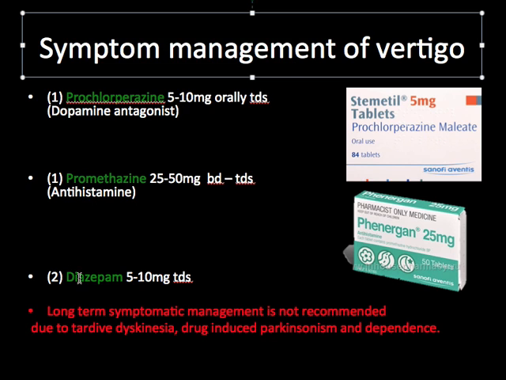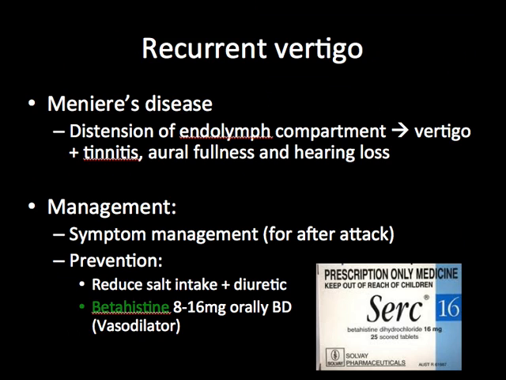Benzodiazepines, or diazepams, over here, with long-term use could possibly lead to dependence, so they're not recommended for long-term use. It's best to find the cause and treat the cause.